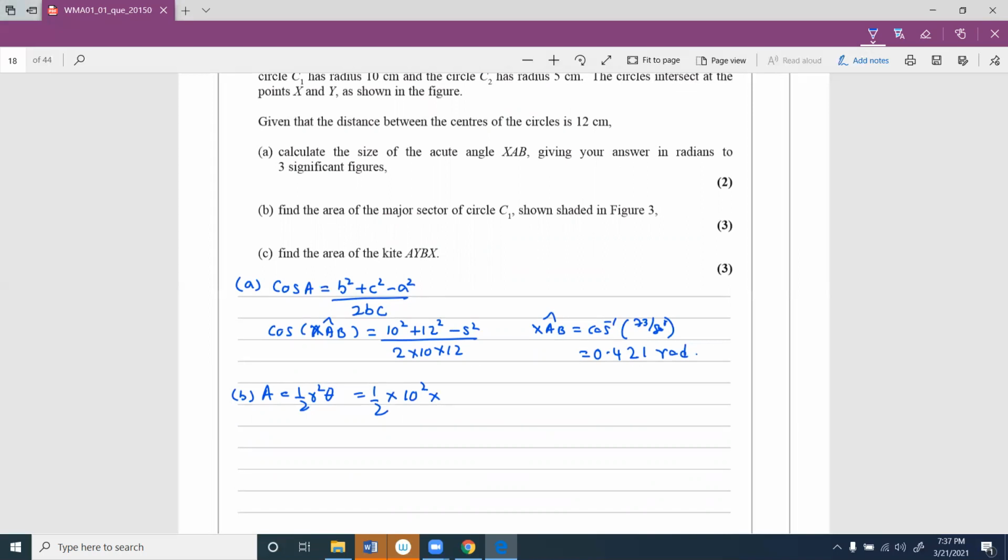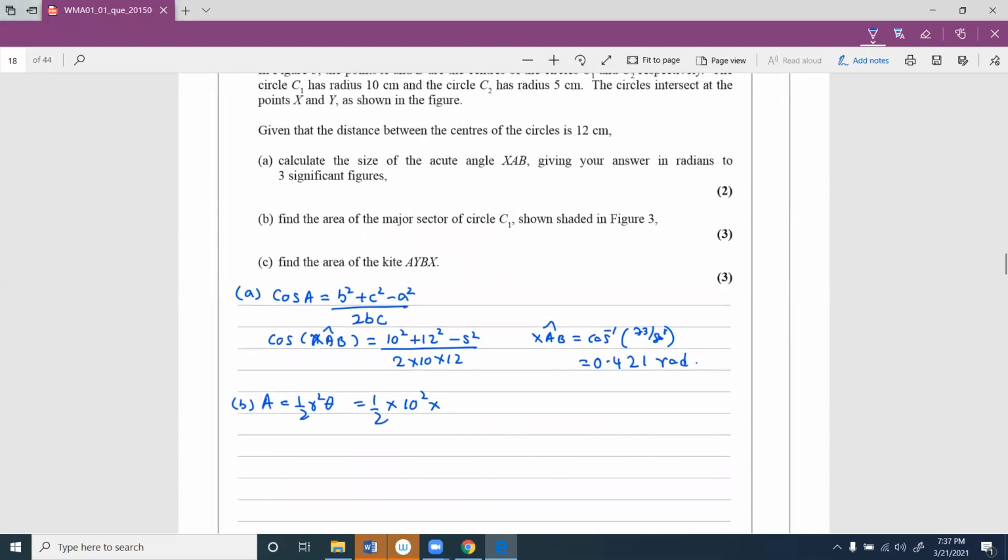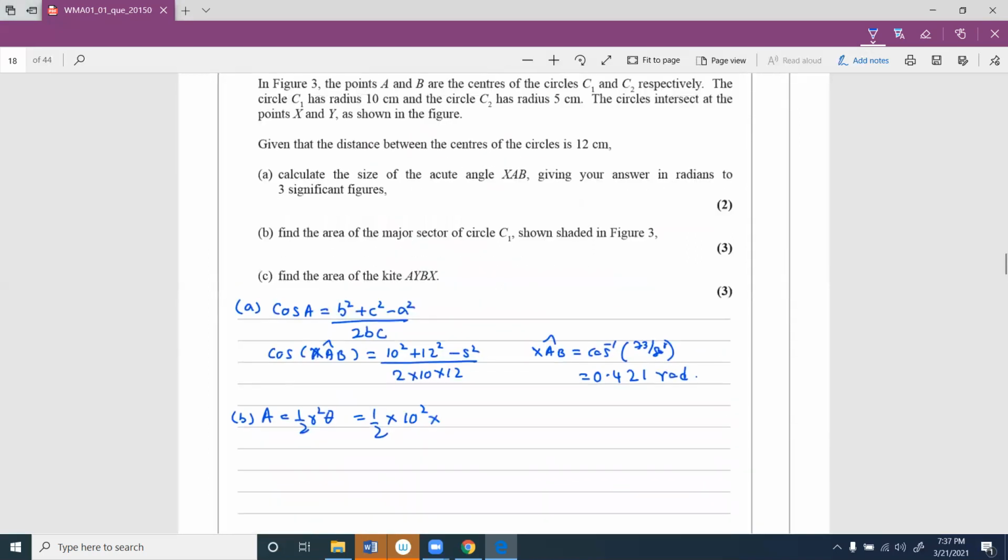Theta is the value you got over here, 5.441. Just work it out, and you'll get the answer. The area becomes 272.06 centimeters squared. Because the radius is given in centimeters, you can find it.